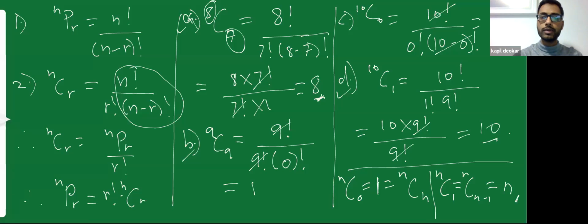Let me know in the chat box if you're having any doubts. You have 30 seconds. If there is any particular doubt in question 1, 2, or A, B, C, D, or you have not understood any formula, type in doubt so that I can focus more on that part.